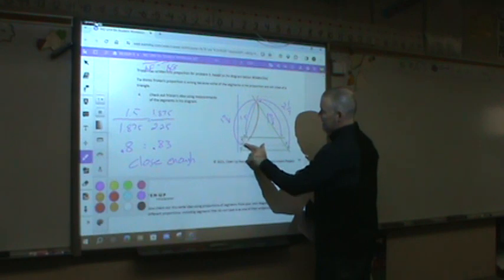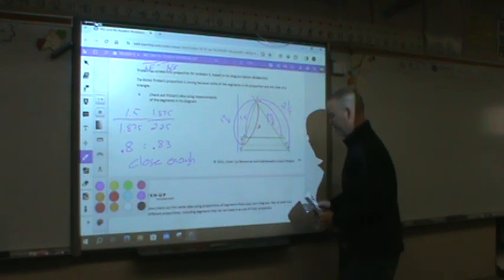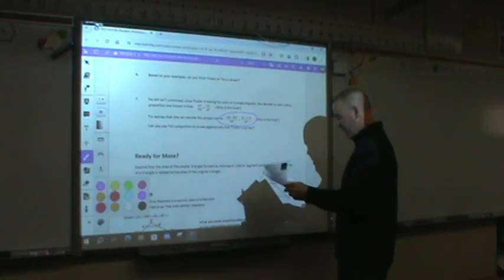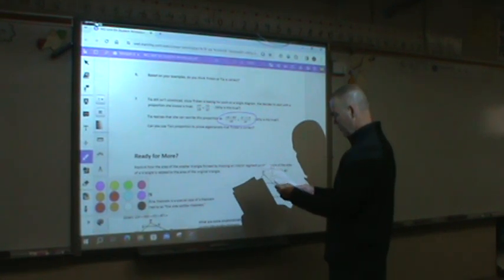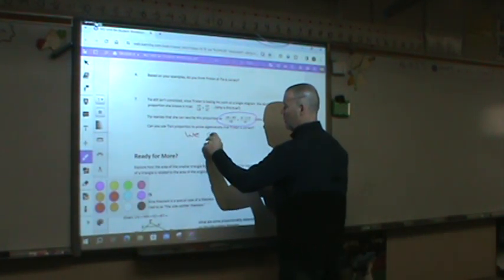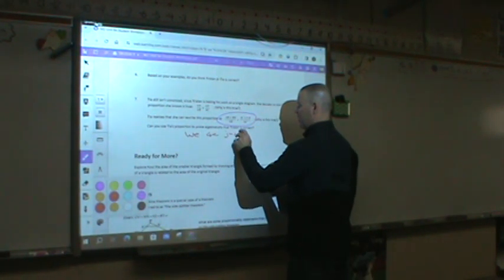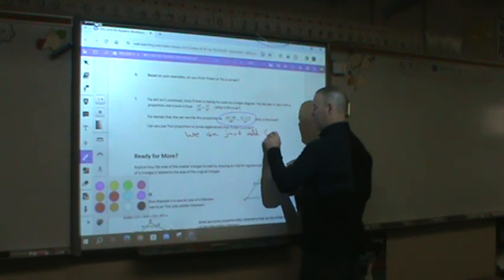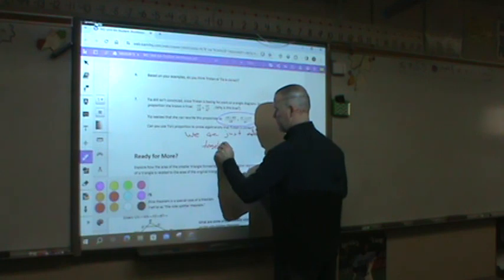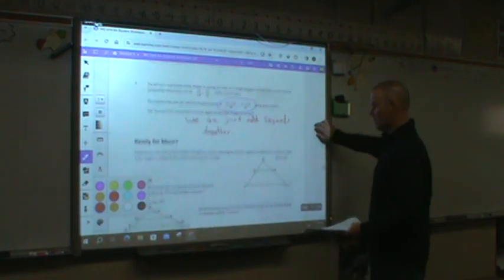Then AD would be 2. It's just segment addition. That's all it is. We're just adding segments together.